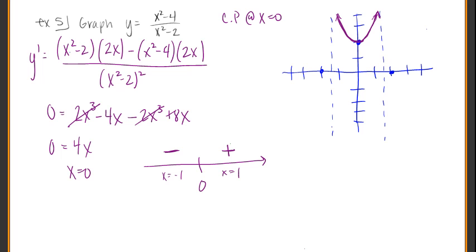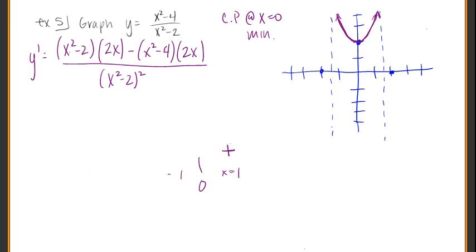Okay. So let me erase some of this real quick. And then we're going to come back, and now using this we're going to find our second derivative. So y double prime. Let me leave that top cleaned up. Let's make this easier on us.